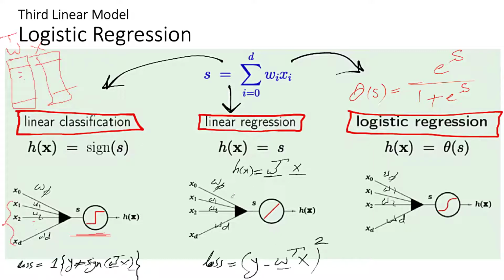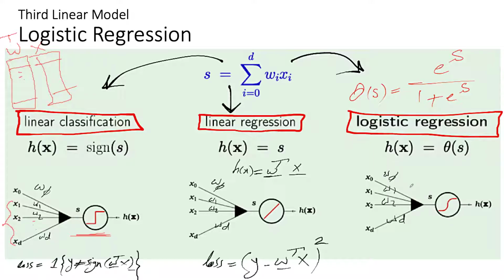Now let's talk about the third one, which adds a little bit of complexity to the problem and makes it very interesting, and that lays the ground for many different machine learning models after that. So what if instead of slashing it to minus and plus, or just outputting it in a linear way, what if we were smoothing it using this sort of stretched and flattened S-shaped output, right?